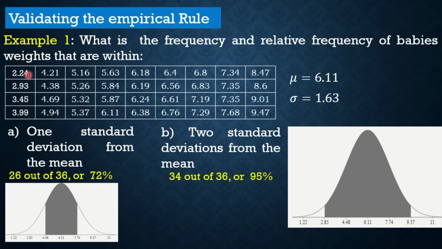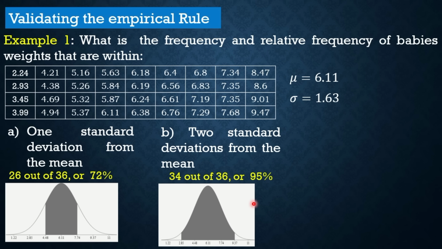Okay? Dito kasi 2.24 na to. Hanggang kay 9.37, so, hanggang kay 9.01 lang. So, kung 36 ito, meron lang dalawang di kasama, therefore, that is 34. So, yung two standard deviation from the mean, that is 34 out of 36 or 95%.